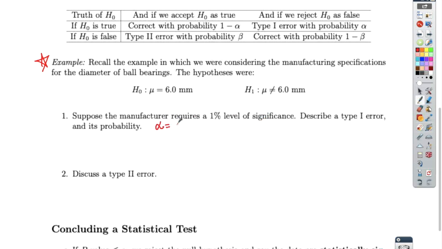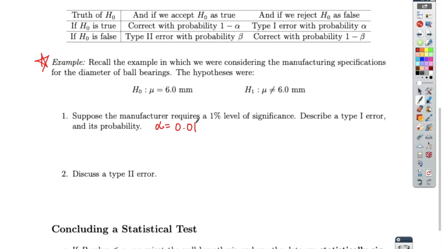So alpha equals 0.01, or 1%. Describe a type 1 error and its probability.